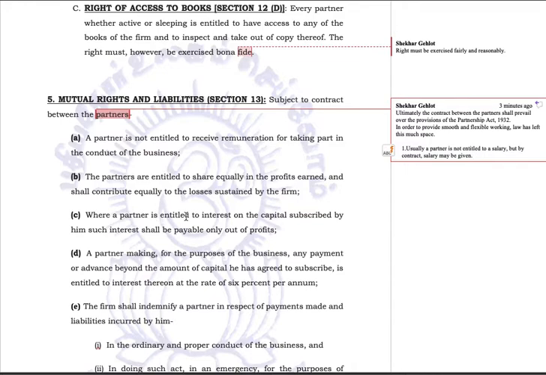Where a partner is entitled to interest on the capital subscribed by him, such interest shall be payable only out of the profits.